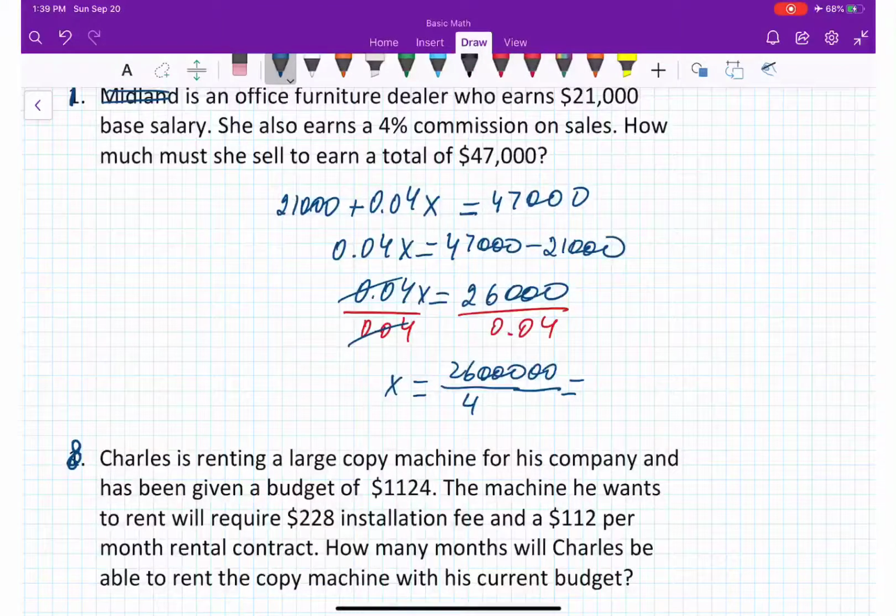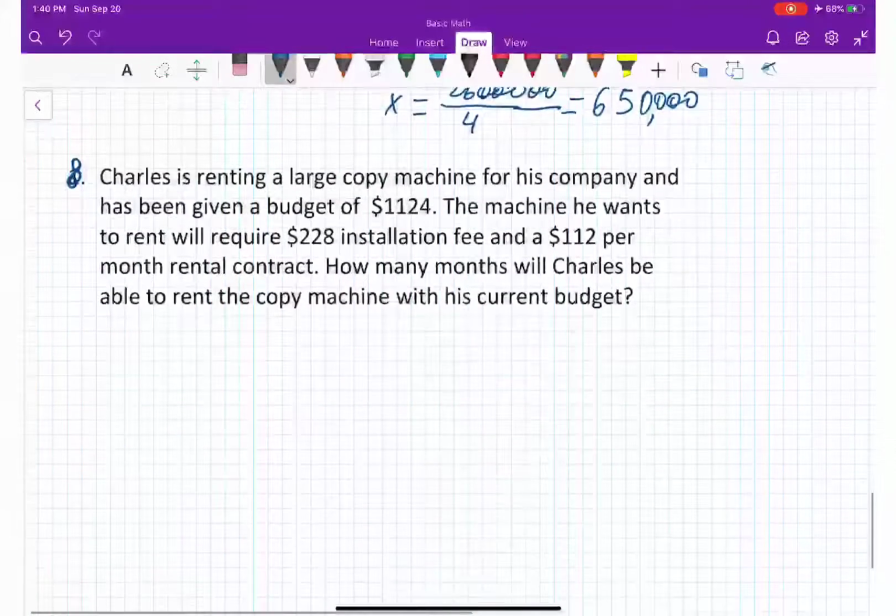If I divide 26 by 4, it's going to be 6 times 4 is 24, remainder is 2, 20 by 4 is 5, and 1, 2, 3, 4 zeros, $650,000.